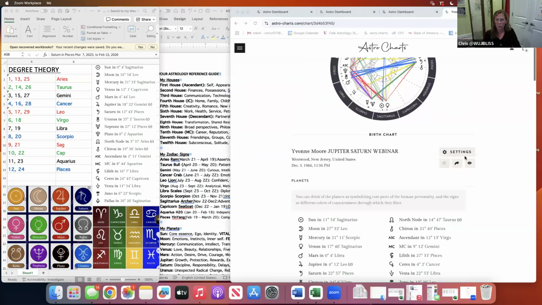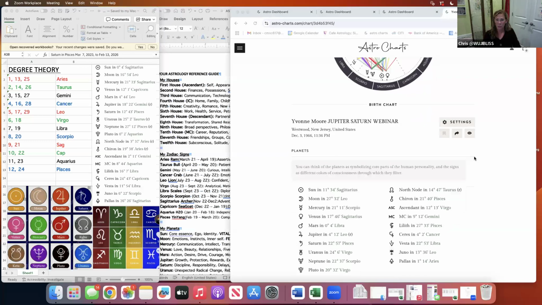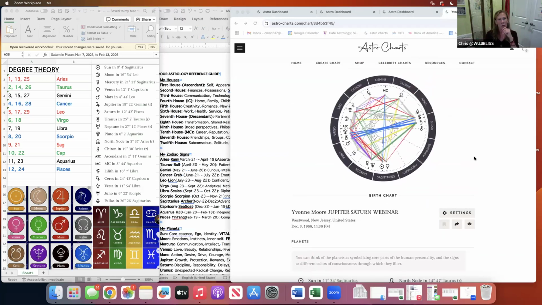Your 11th house is ruled by Cancer, the zodiac sign of nurturing, of home, of mother. What I think that means for you is that you may be the mama bear in your friend group. People may come to you for advice.